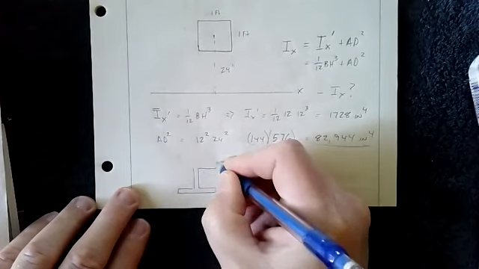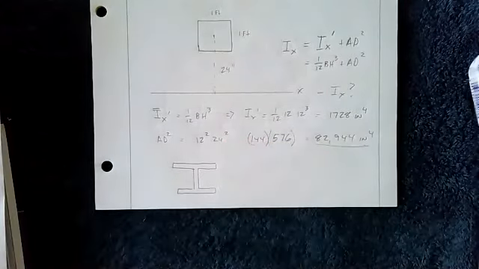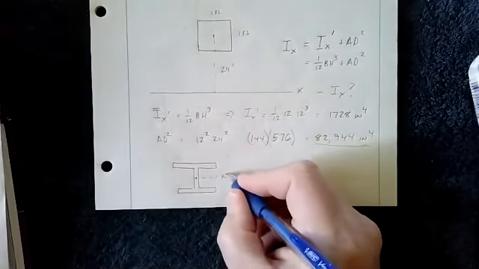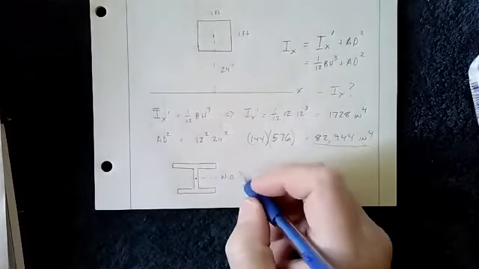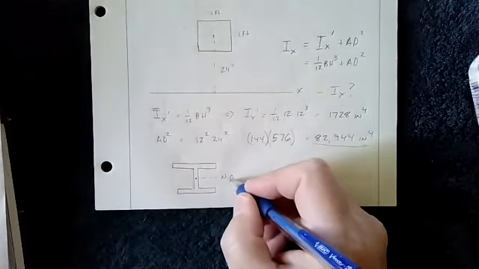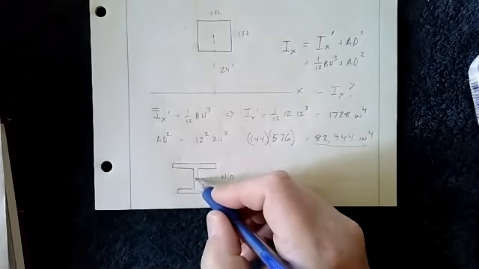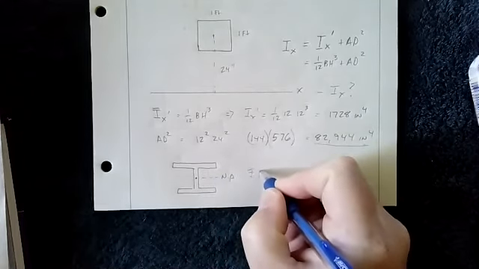We'll do some examples with an I-beam. Normally the center is the neutral axis, and then of course the beam is going to bend based on the moment applied. But the whole idea is that if you get more of the material away from the neutral axis, this I is going to get really large.